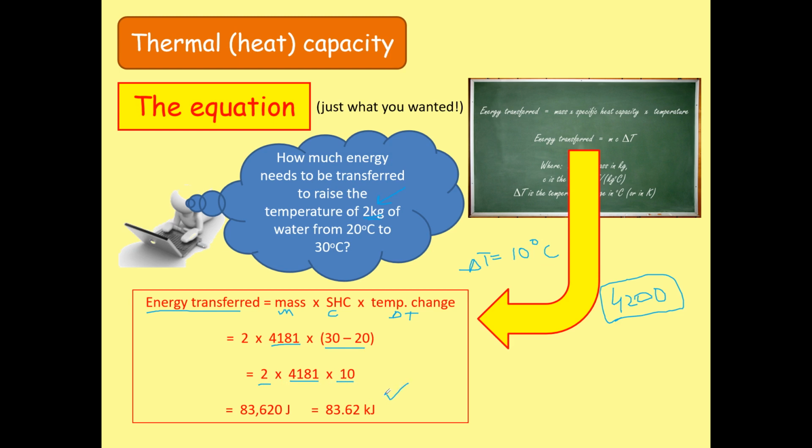That means you would need to provide 83,620 joules of energy to raise the temperature of 2 kilograms, that is roughly 2 liters of water, by 10 degrees. So that shows that water can absorb a lot of heat before it changes its temperature, right?